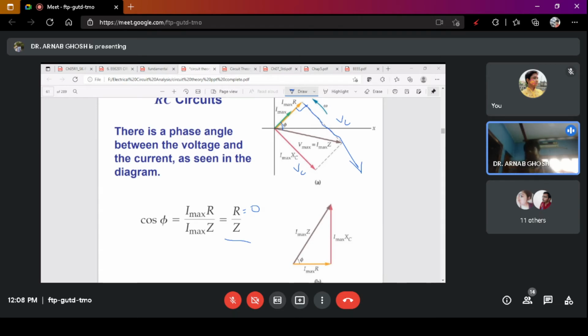Okay, so that is why we try to keep the power factor high. When you purchase a motor, on the motor label it is stated what the power factor of the motor is, and you will always opt for a high power factor motor, because you will always want higher active power.